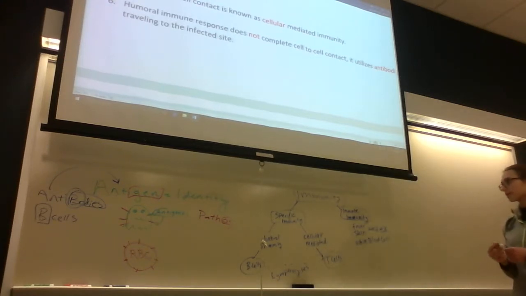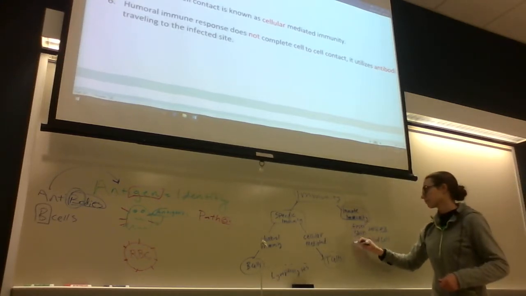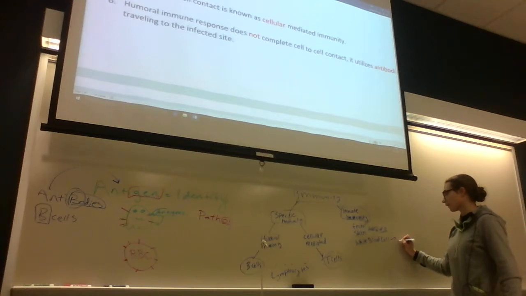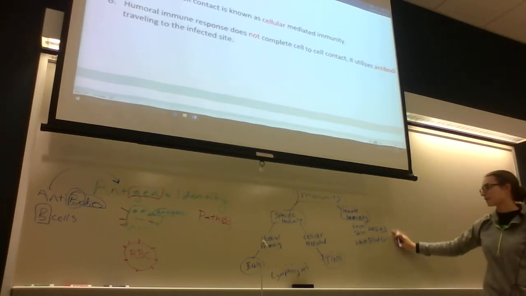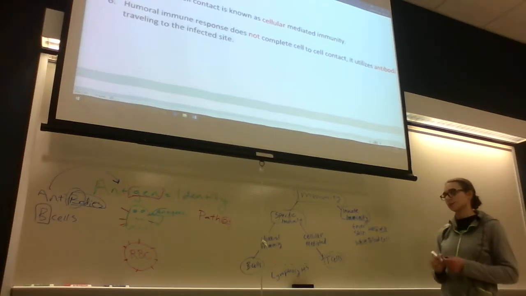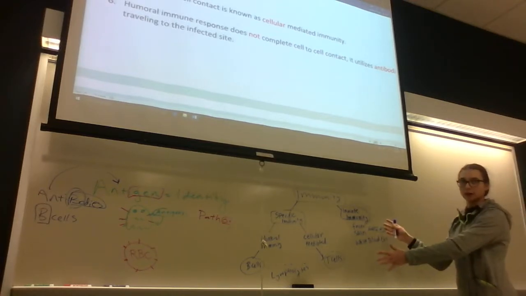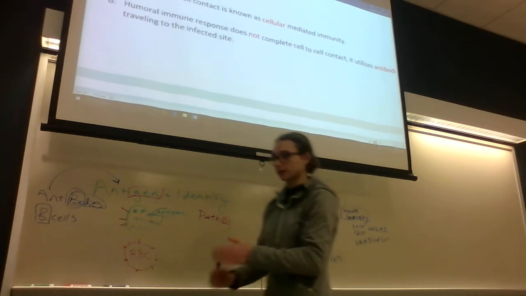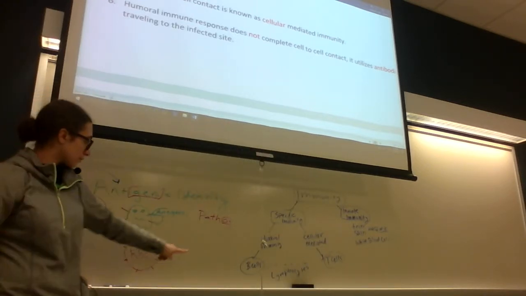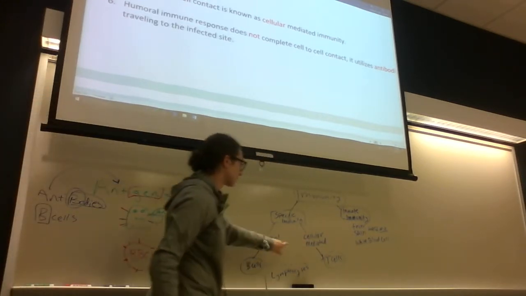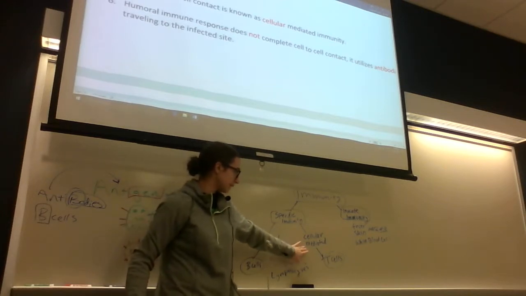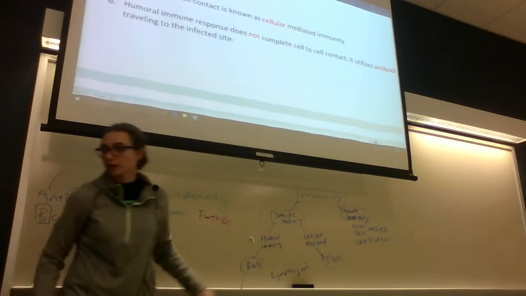But they are white blood cells also. The others are like your neutrophils, your monocytes, your eosinophils. Does this kind of help put it together? Okay. We're going to talk about cellular mediated first, and then humoral.